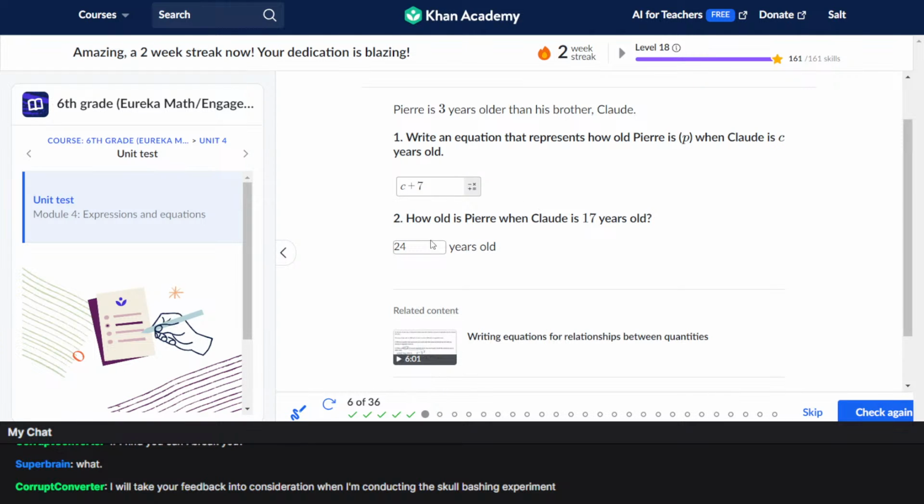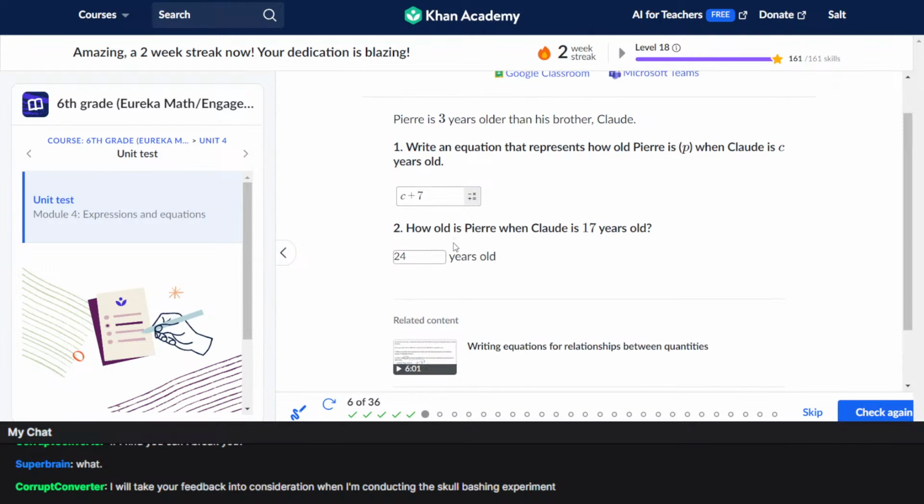How old is Pierre when Claude is 17? What did I do? Oh wait, there's supposed to be a P in there, I think. Oh wait. How old is Pierre when Claude is 7?